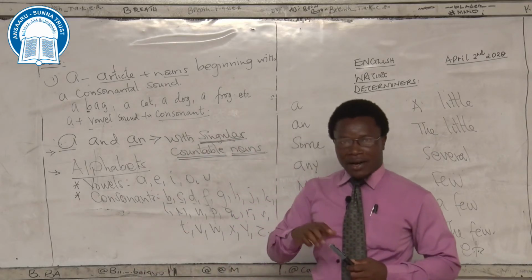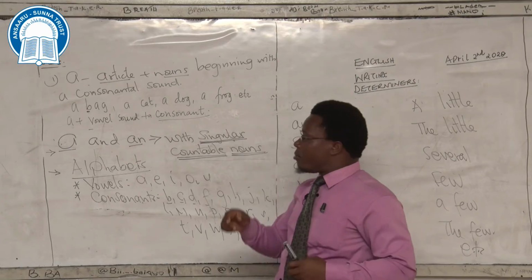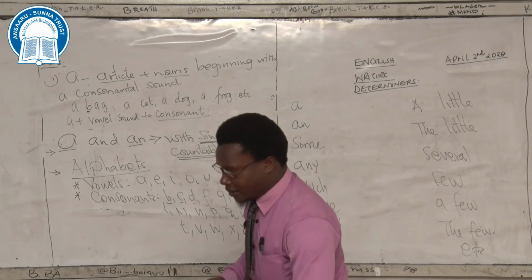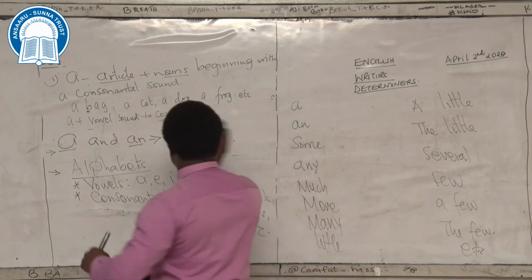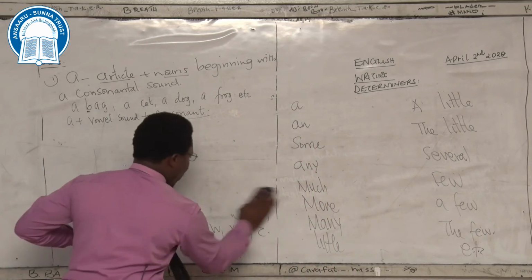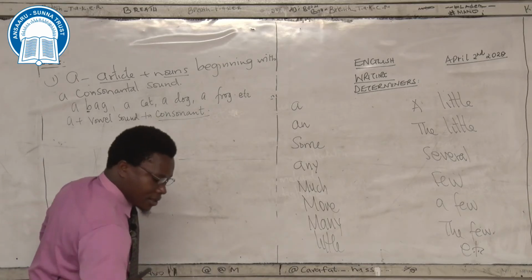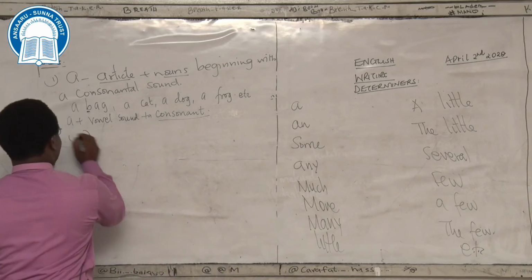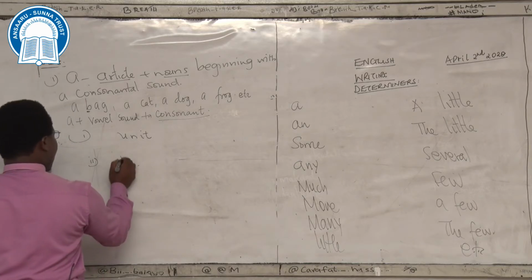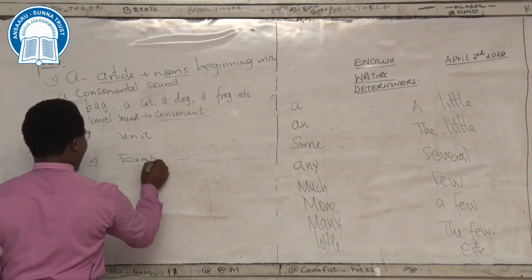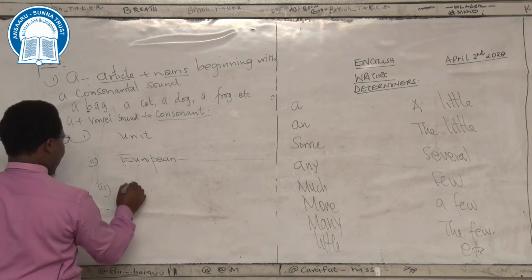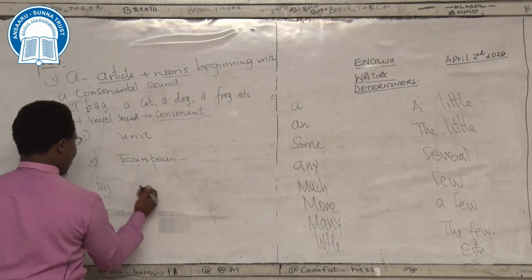It is a vowel sound, yes, but pronounced as a consonant. Consider the following words. 1, we have unit. 2, European. And 3, university.